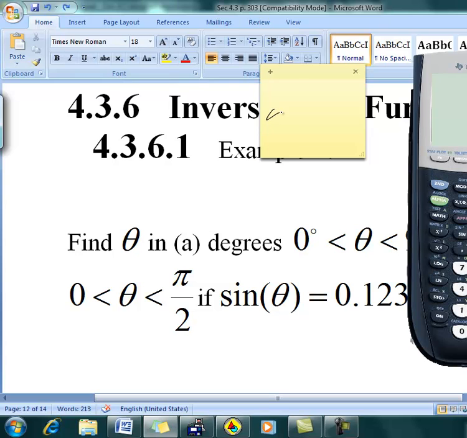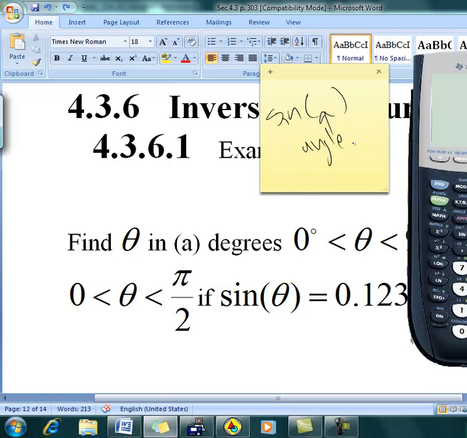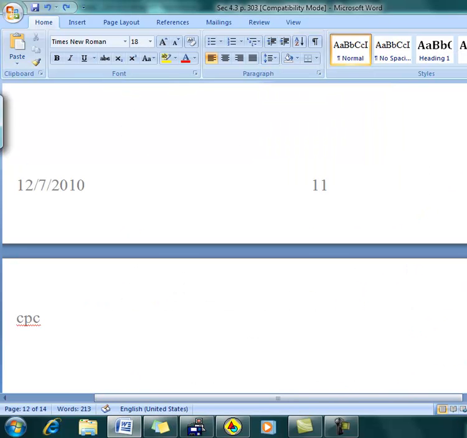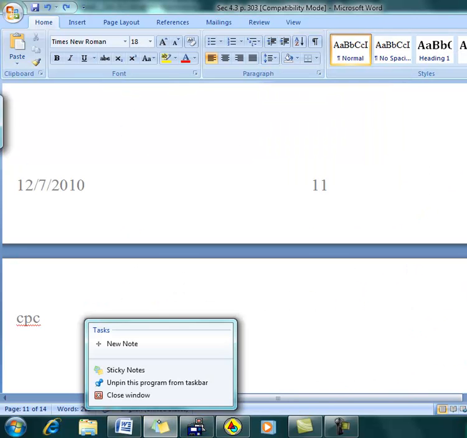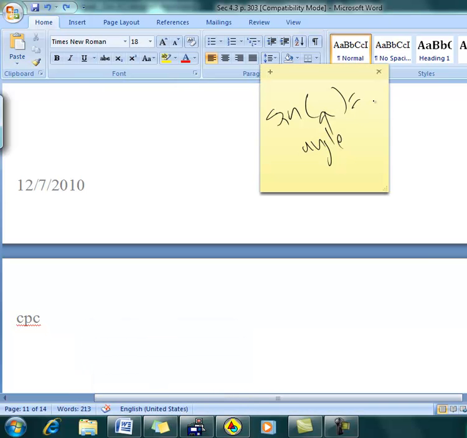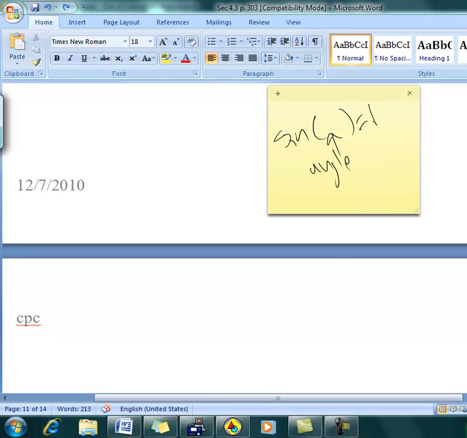When you have sine, the stuff in the parentheses is always an angle. It's always an angle. On the other side, you have a number.